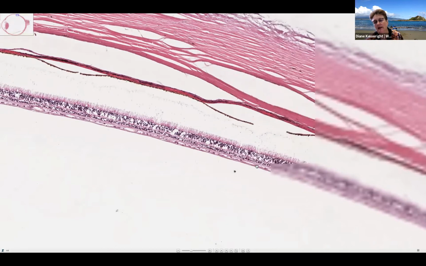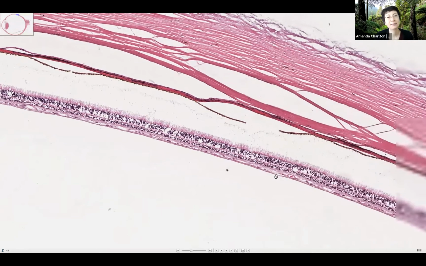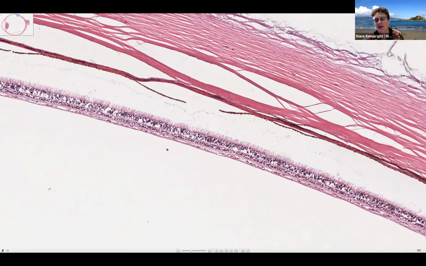Very few out here, ganglion cells. So there's quite a difference, isn't there, between the peripheral retina and the retina closer in, where they're there, they're just more of a continuous line. And we can tell again that this is artifactual because the photoreceptors are looking great and there's nothing in the space here. All right, next question.